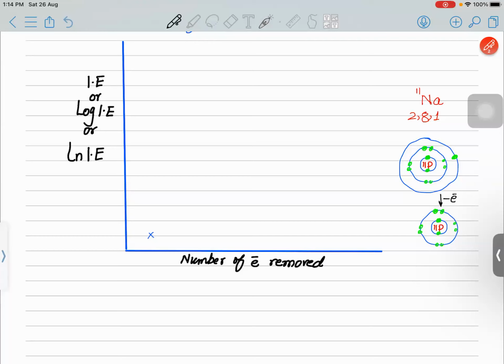Yes, beta, when you remove one valence electron, the shell is changed. Can anyone tell me whether the second ionization energy is greater or lesser than the first one?